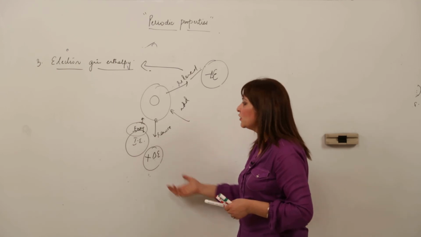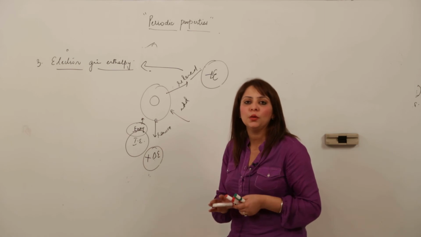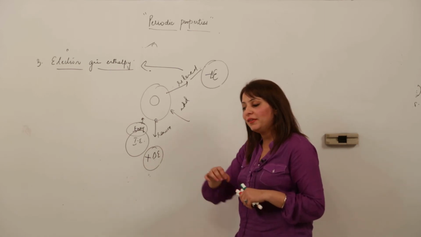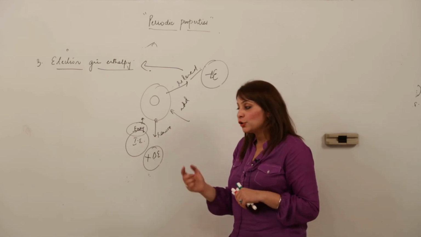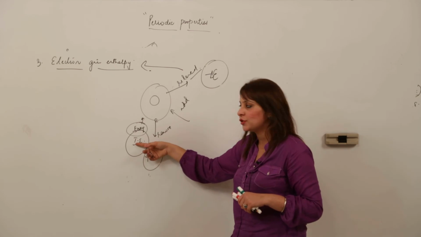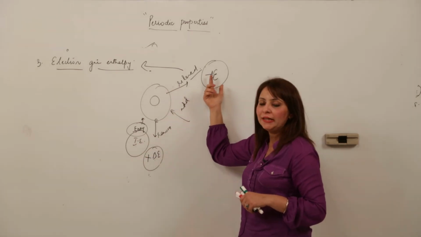Exo and endothermic, what is it exactly? Exothermic means whenever the energy is released, endothermic when you are giving it. So to remove an electron we have to supply energy, and that is called ionization energy. And when you add an electron, energy is released in the form of electron gain enthalpy.